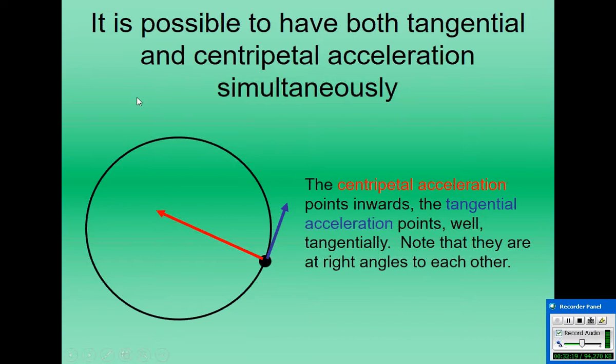The thing that is tangential is always perpendicular to the thing that is radial, R-A-D-I-A-L. The centripetal acceleration is directed along towards the center. It is directed along a radius. We say it is radial. Tangential is always perpendicular to radial.